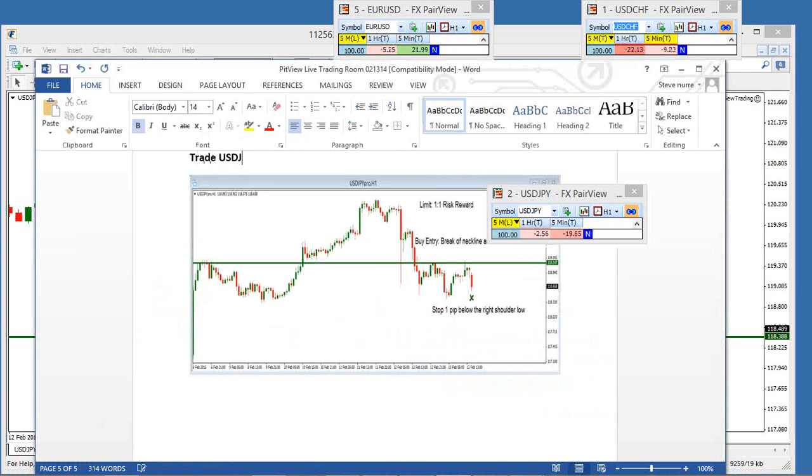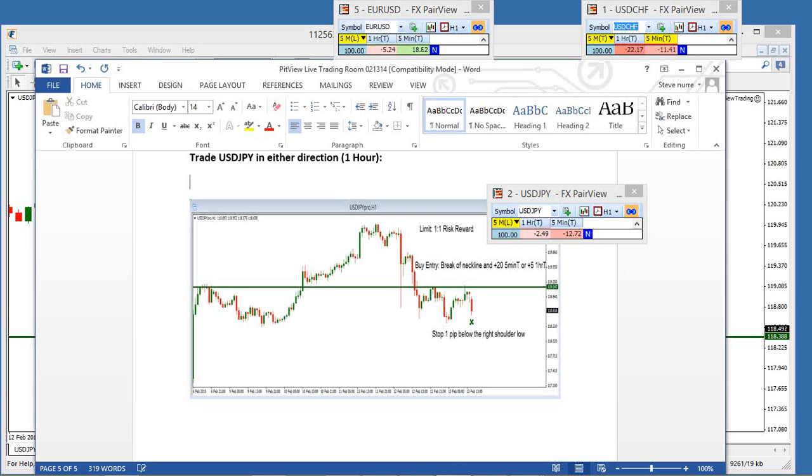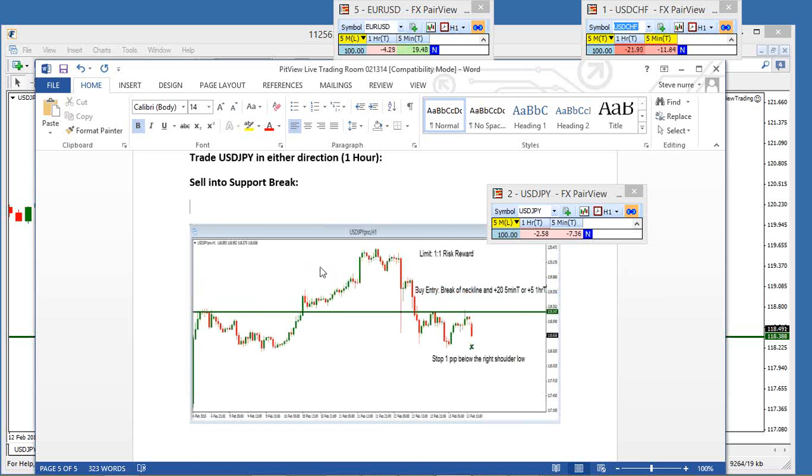So I'll put this on here. Trade dollar yen in either direction. This is on the 1 hour charts that I'm looking at. So that would be a sell into a support break.